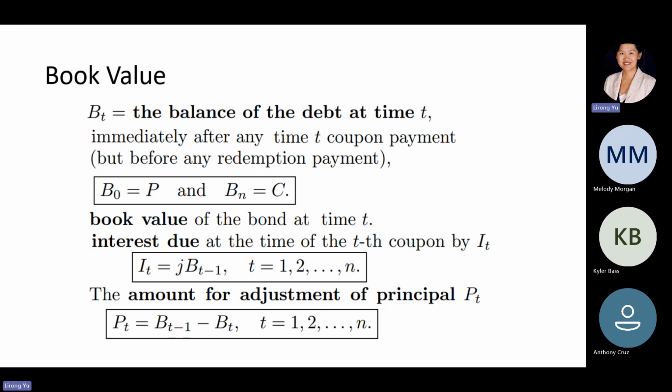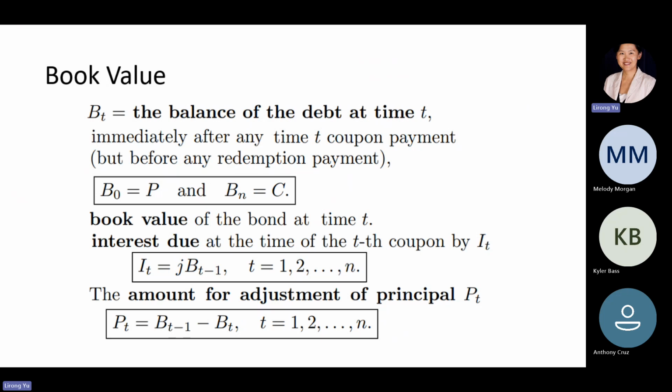Now, in between, suppose we have a couple of payments. If we do not have any coupon payment, no payment between the initial price and the final redemption price, then it will go directly from P to C. Then C should equal the future value of P if there's no coupon payment in the middle.